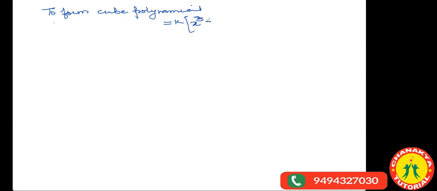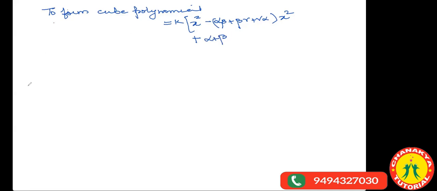So x cube minus x square minus sum of the zeros, sum of the product of zeros taken two at a time. So it will be alpha beta plus beta gamma plus gamma alpha into plus. Now the sum of the zeros will be alpha plus beta plus gamma.